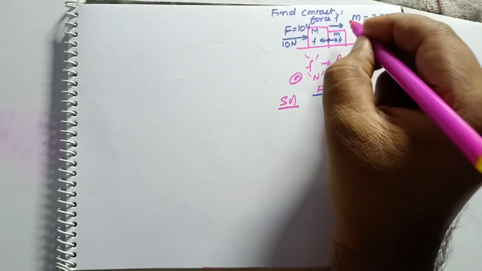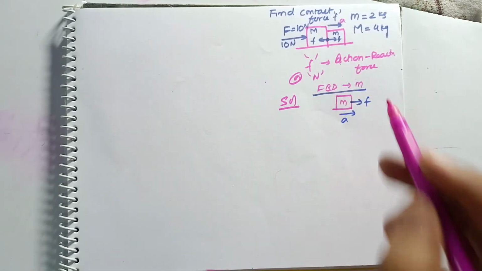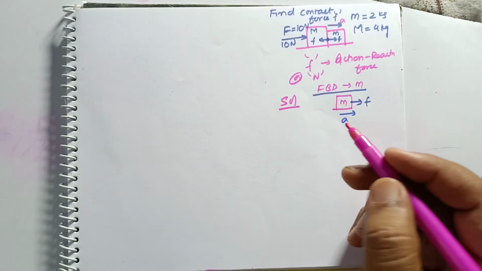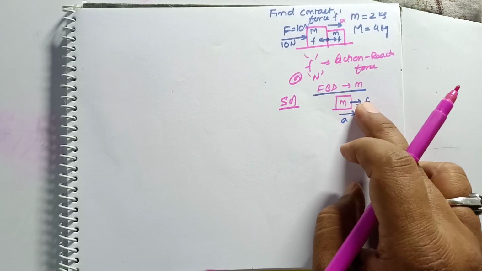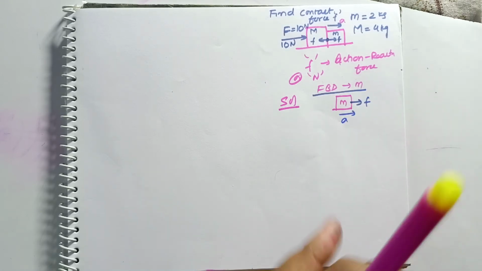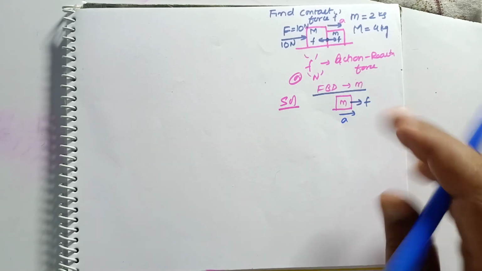Let us imagine both are combined together moving with an acceleration a. So how are you going to find out that acceleration? It's very simple. First thing is you need to find out the acceleration. If you want, you can find out the acceleration directly also, or I'll tell you the method to find it here. If a small contact force is acting on the smaller body to the right side, what is that smaller force here?